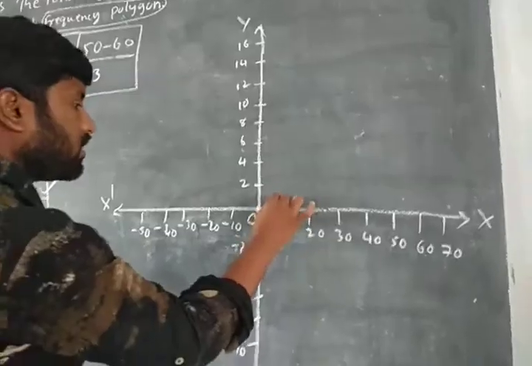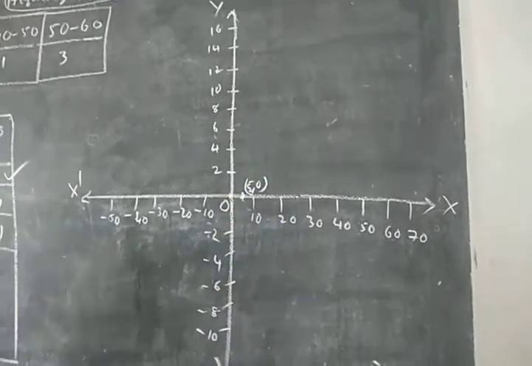Then we can write 5 comma 0. This is the point.